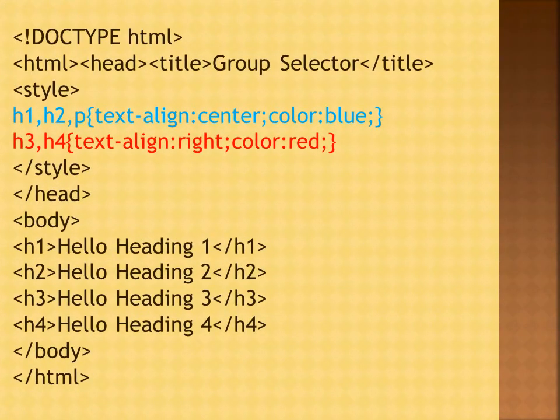See, this is the second example of group selector. In this example we are going to apply styles on these 5 HTML elements, that is H1, H2, P and H3 and H4.